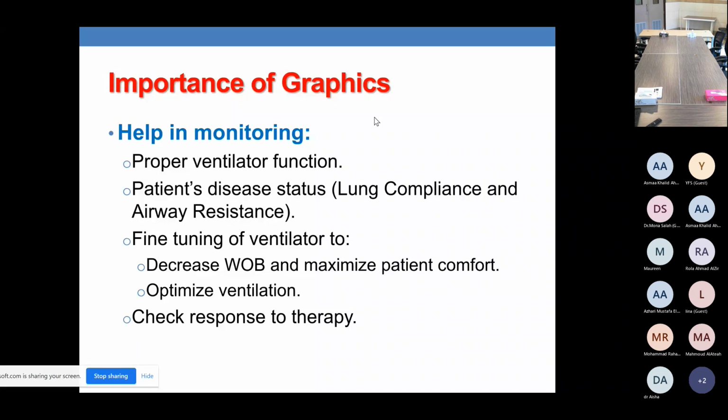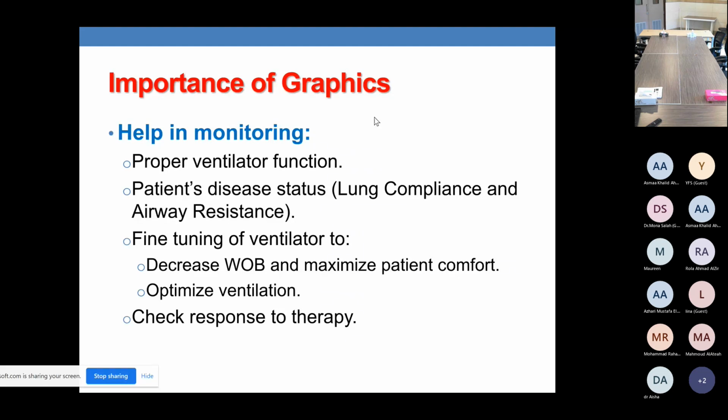But nowadays, you can see the interaction between the machine and the baby. And this really helps a lot in checking the proper function of the ventilator. Is it functioning well?